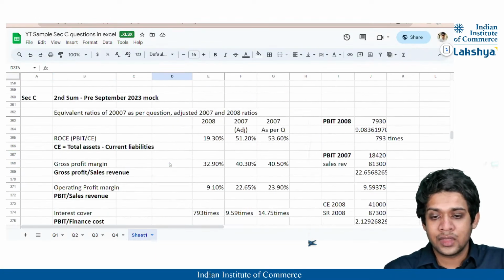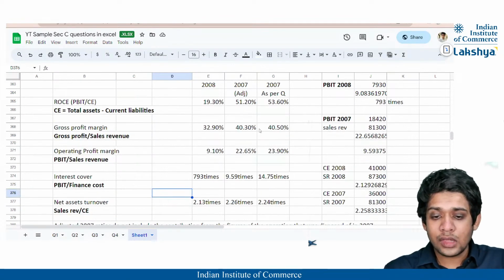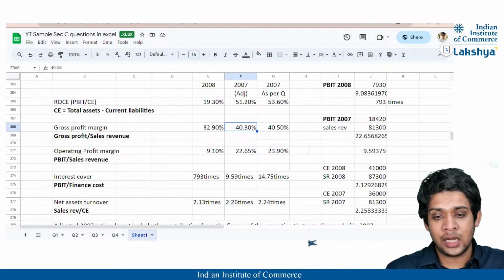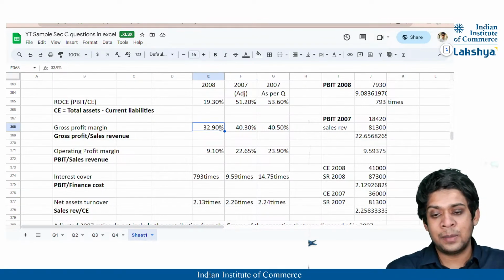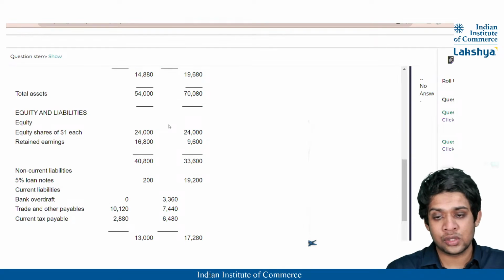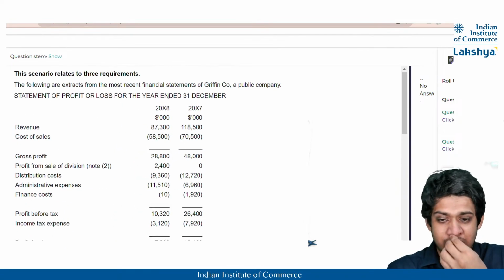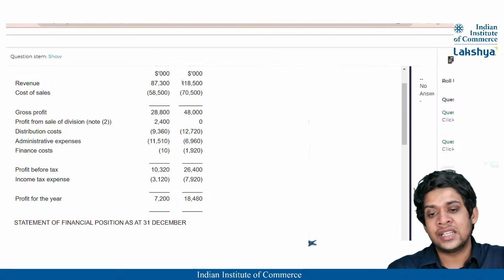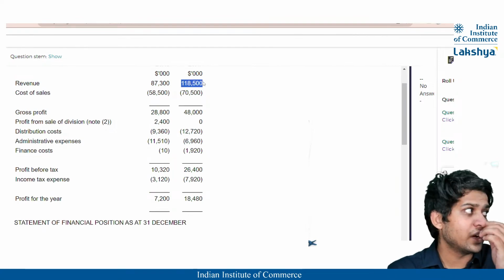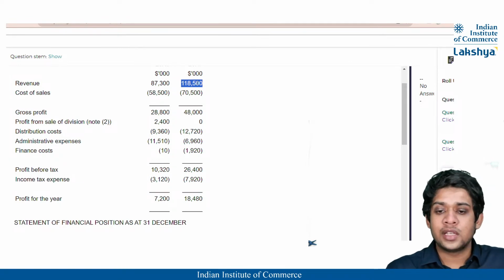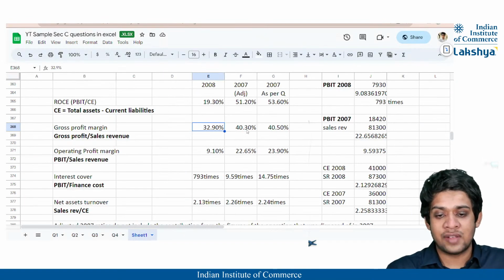So you can see here that firstly, your gross profit margin was 40.3% in 2007 and it became 32.9% in 2008. Correct? So, in 2007, the sales revenue is 1,18,500 and from this we are calculating the adjusted values, right?